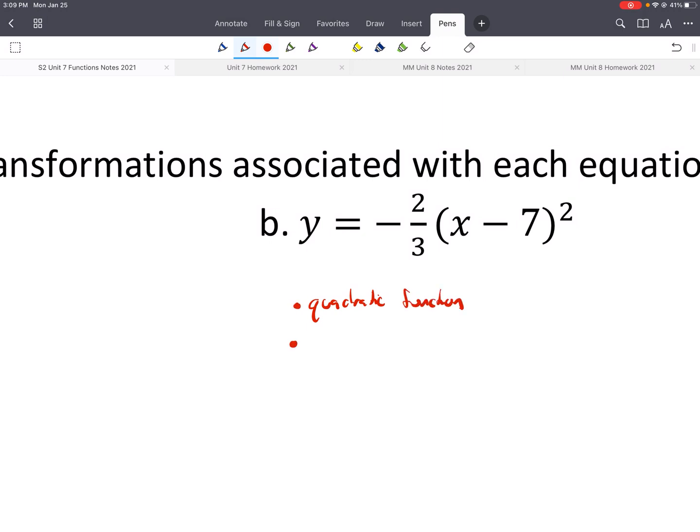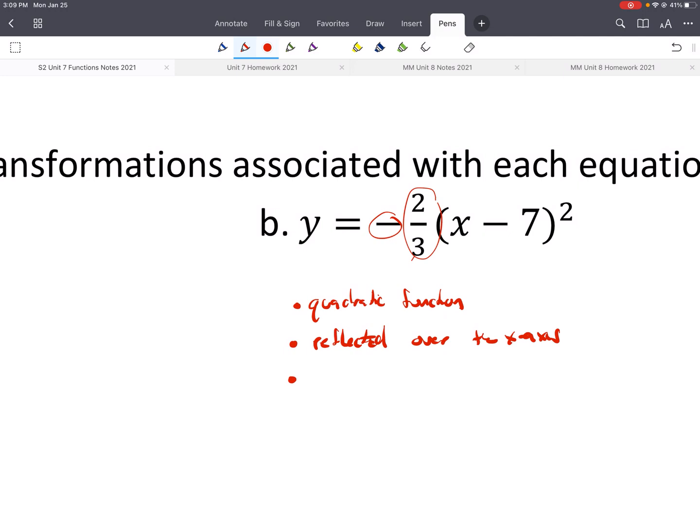Okay, the first thing we come up with is our negative. That means it's going to be reflected over the x-axis. And then we have that, which means it's being compressed, so it's less than 1. Again, we only look at the number when we're talking about compression or stretching.